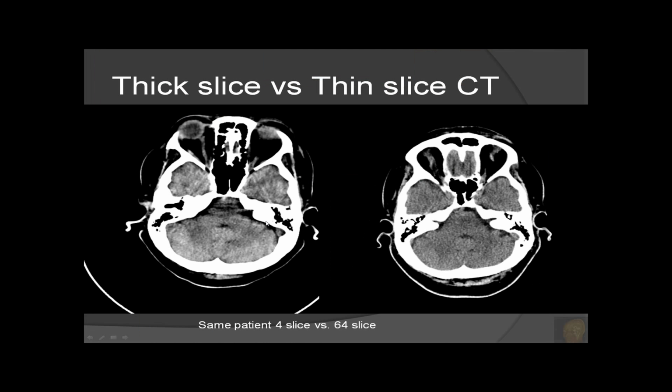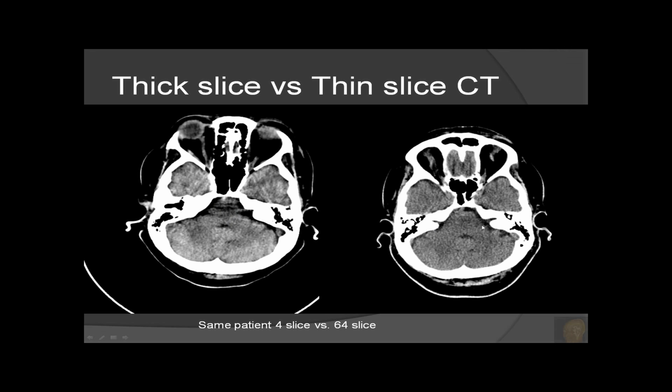For the CT slides, it's the same thing. It's the same patient, a 4-slice CT study versus a 64-slice CT. It's difficult to evaluate the posterior fossa and the brainstem in this region because of the beam hardening artifact from the thick slices of the 4-slice CT.